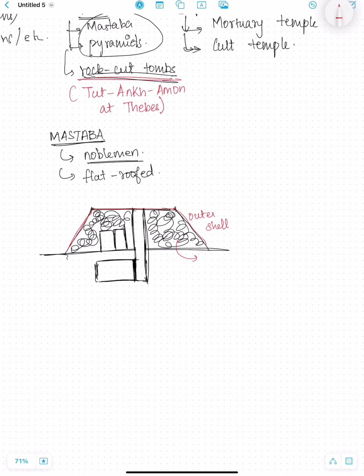And this is your rubble masonry or rubble core. And this space right here is the chapel. And this is the shaft. This is the closing stone, which was closed after the coffin or the sarcophagus was placed. Your vault.